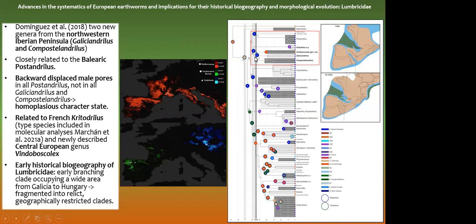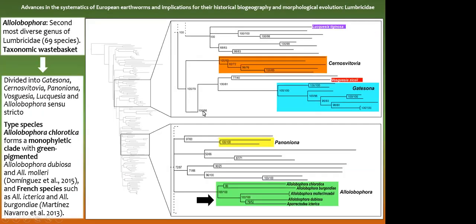There was an early branching clade here in the tree, which occupied a wide area going from Galicia to Hungary, and this lineage was later fragmented into relict, geographically restricted clades, probably because of competition with other more modern earthworms, but also because of climate change.